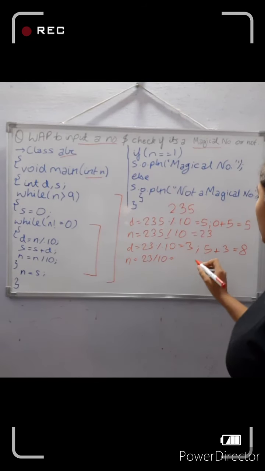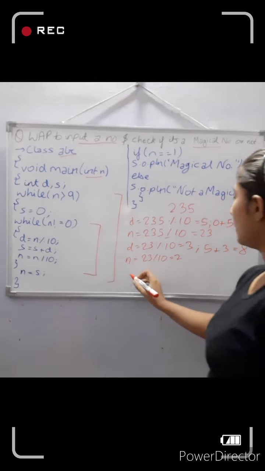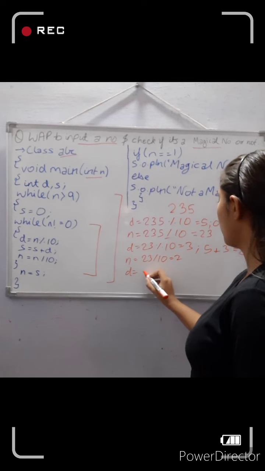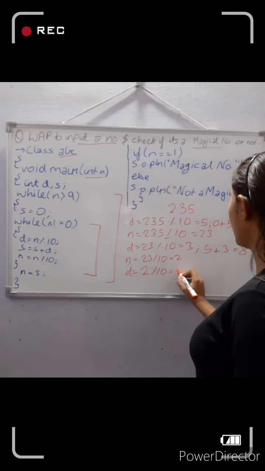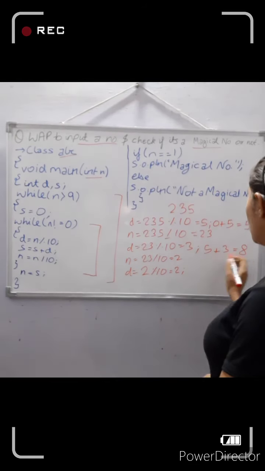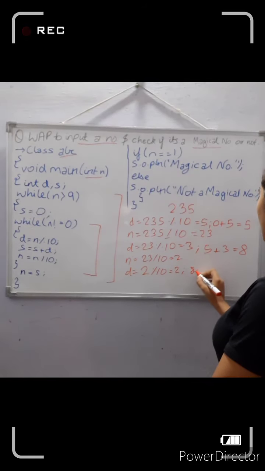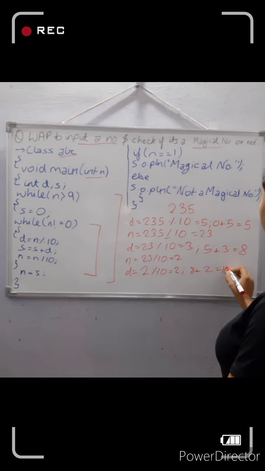We get the number 2. Okay, now coming back, d is equal to n modulus 10. We will get the remainder 2. s is equal to s plus d. s was 8, so 8 plus 2 is equal to 10.